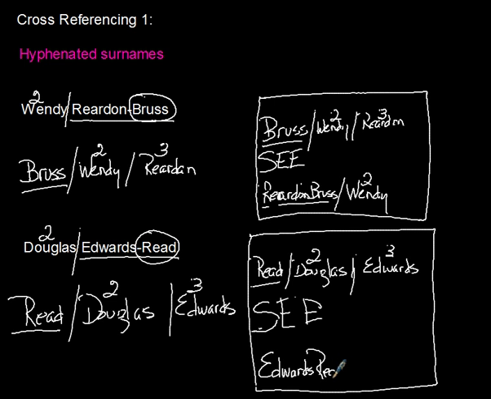Reed, that's our key unit, and then the diagonal line, and then the first name, Douglas. This is where all of the records for this customer are going to be found.